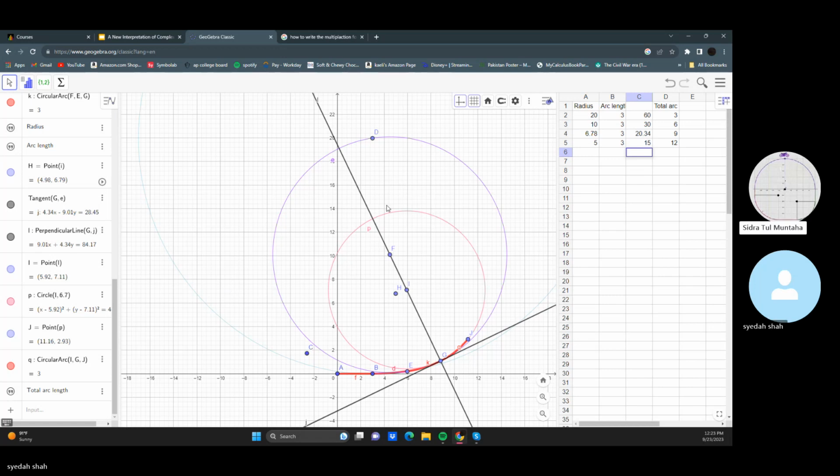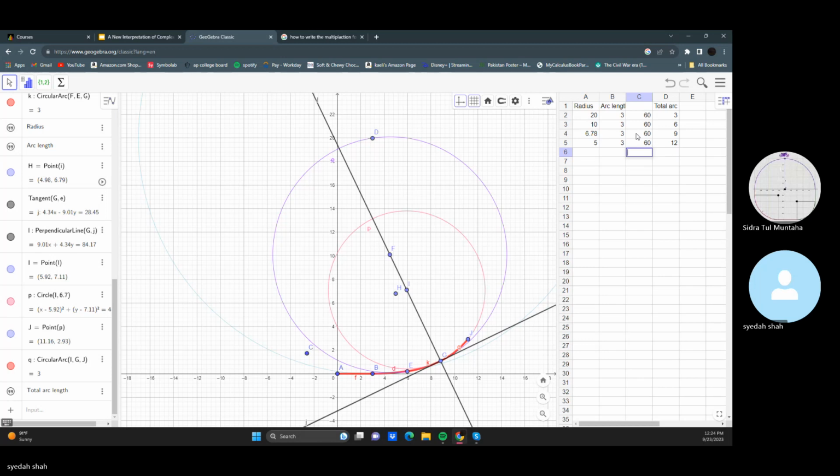I guess we should make this column C 60 throughout, because this is what we are dividing the total arc length with, and that is our radius. Yes, because our 60 is constant, so we are just dividing our total arc length with this 60, and then we are getting our radius.